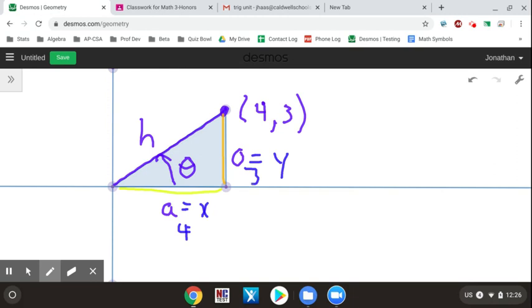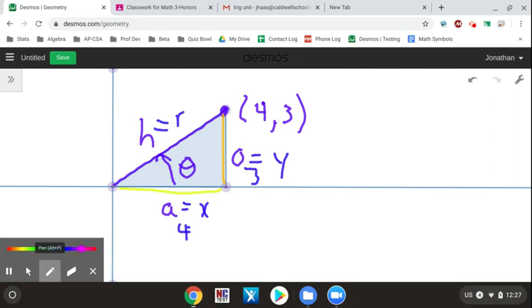Now, I can find the trig functions any way I want, but it's just kind of a shortcut to know that the x coordinate is always the adjacent, and the y coordinate is always the opposite. And sometimes instead of the hypotenuse, they also call it the radius, because if I set up a circle that was centered at the origin, it would have a radius there.